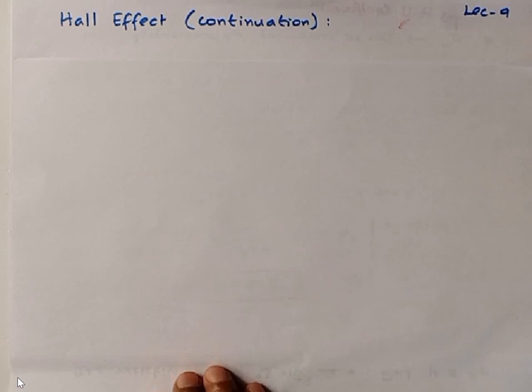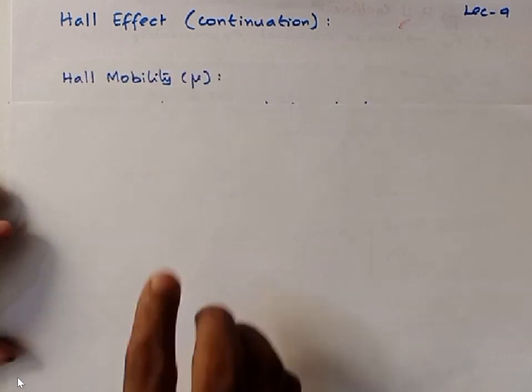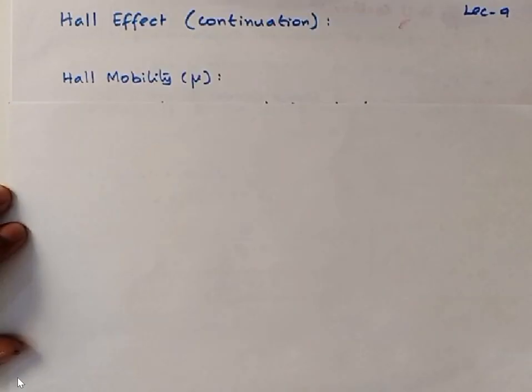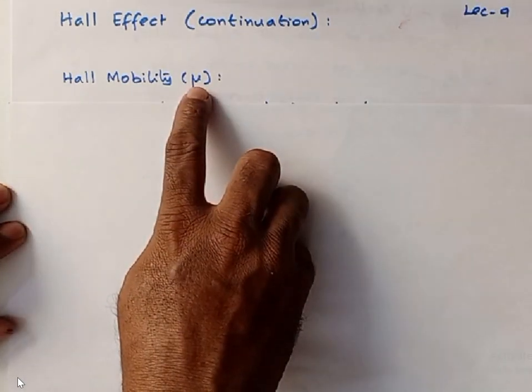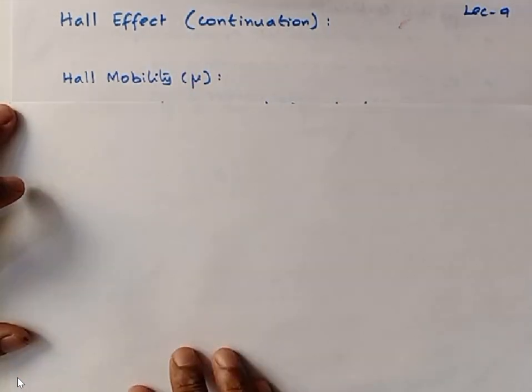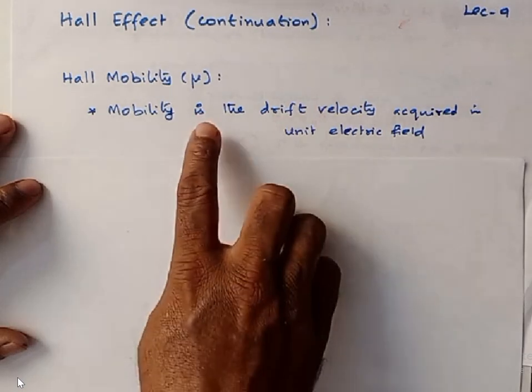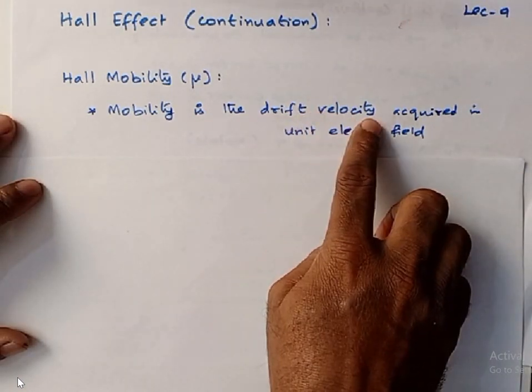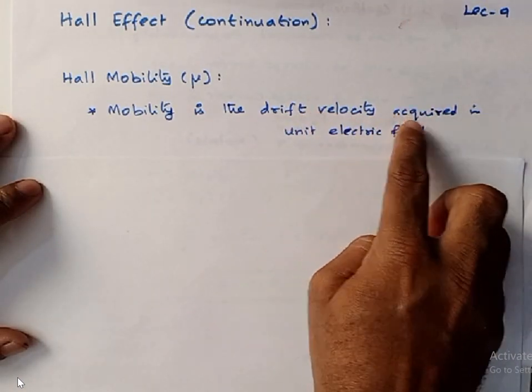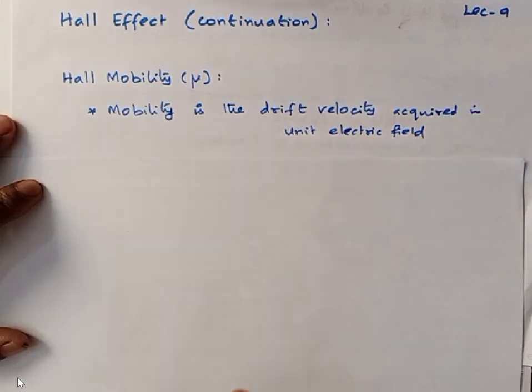So what's the continuation? Listen, what is meant by Hall mobility? Mobility is denoted by the symbol mu. What is mobility in general? Mobility is nothing but drift velocity acquired by the electrons in unit electric field.